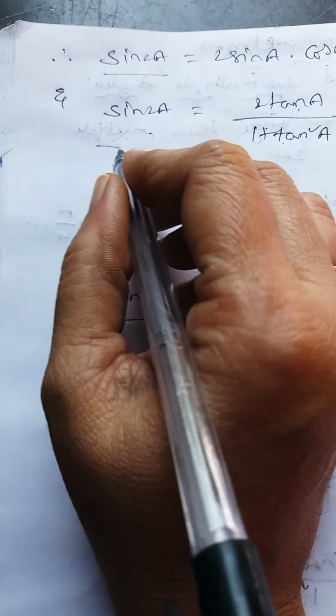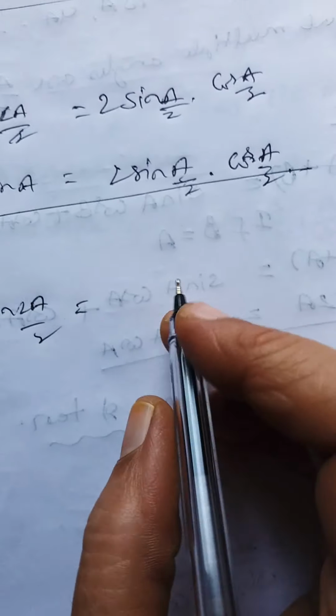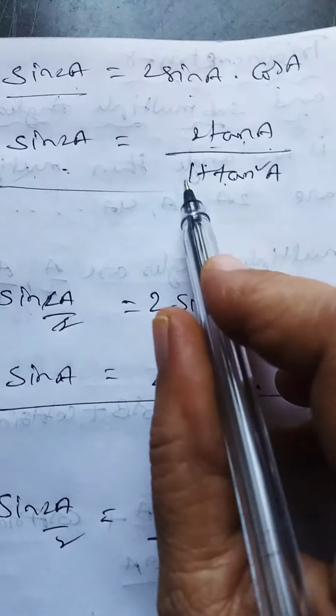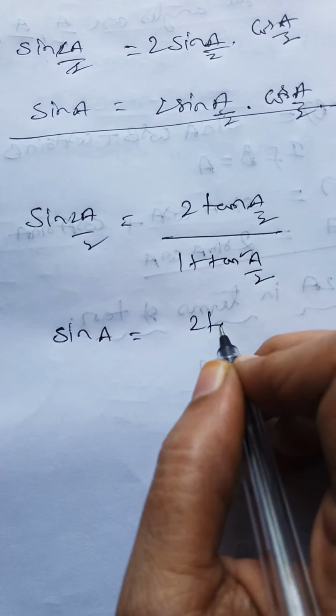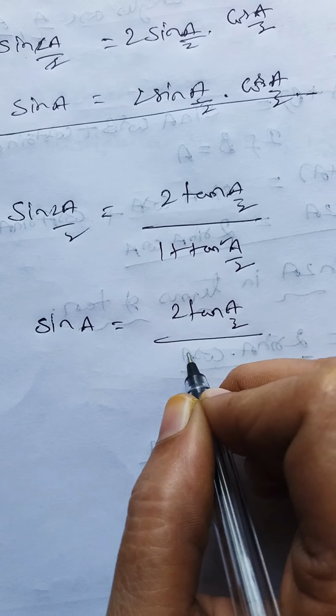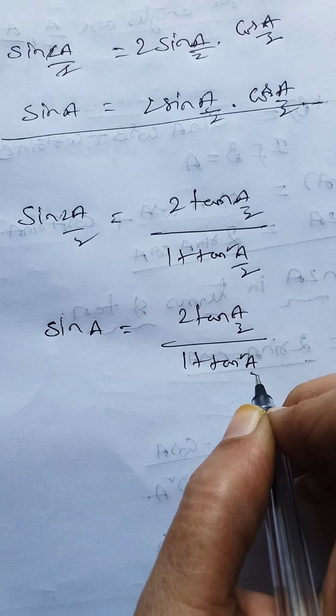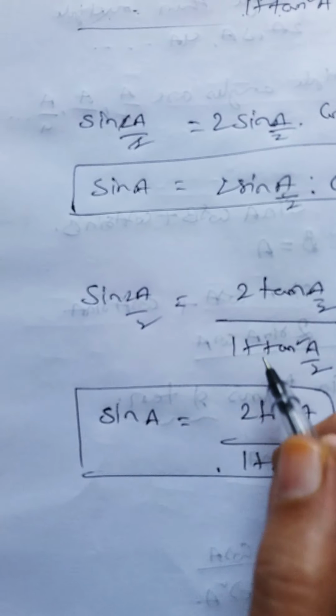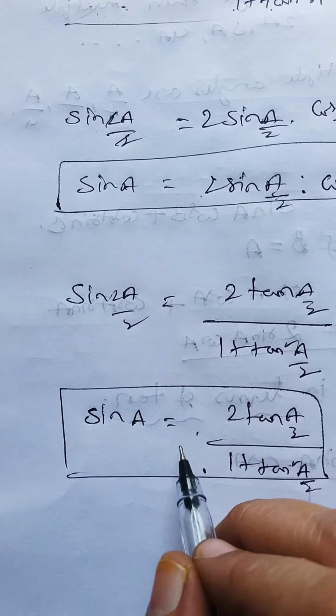We will get sin A is equal to 2 tan A by 2 divided by 1 plus tan square A by 2. These are the submultiples of sine.